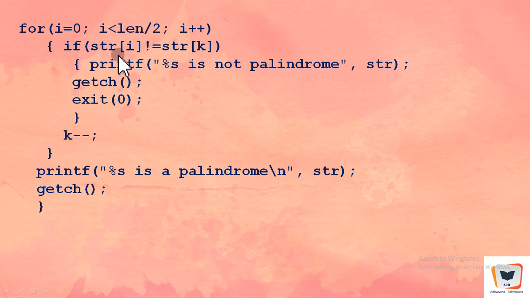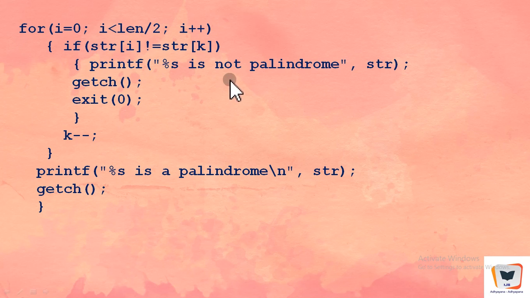This is moving in the forward direction, this is coming in the backward direction. At any juncture, in any iteration, if the characters from this end and this end are not equal, then it is not a palindrome. We declare it here, and then we come out of the program forcefully.